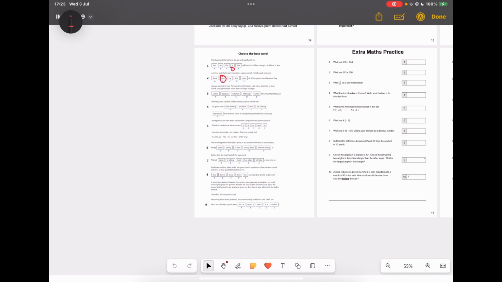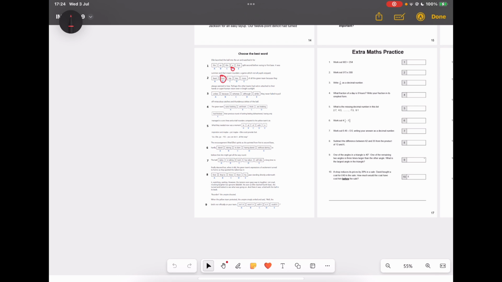Perhaps the other teams had Velcro attached to their hands or superhuman vision, even in bright sunlight. Something, they never failed to pull off miraculous catches and thunderous strikes of the ball. Unless they never failed to pull off, because they never failed to pull off, whereas they never failed to pull off, although they never failed to pull off, while they never failed to pull off.